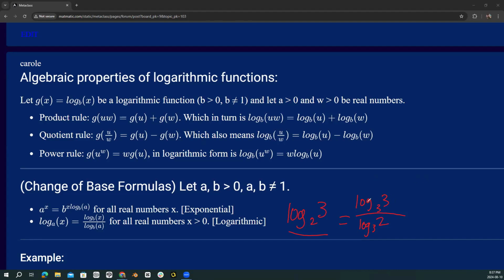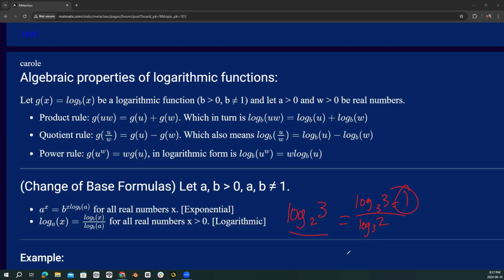So as you can see, we can just cancel this. No, wait, sorry. This is just equal to 1, because it's just like 3 to the power of 1.